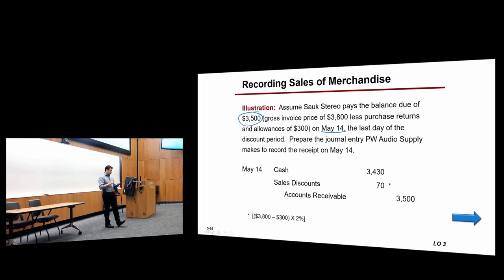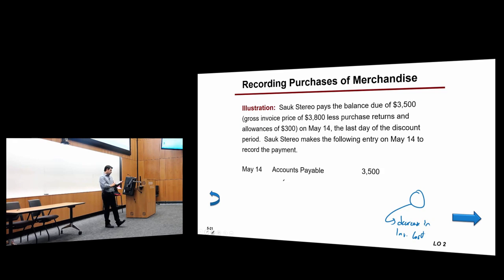When we were looking at the other one, that was the purchase. On the purchase, accounts payable is always the full amount. The original debt was $3,500. So accounts payable, and on the seller's side, accounts receivable was $3,500.